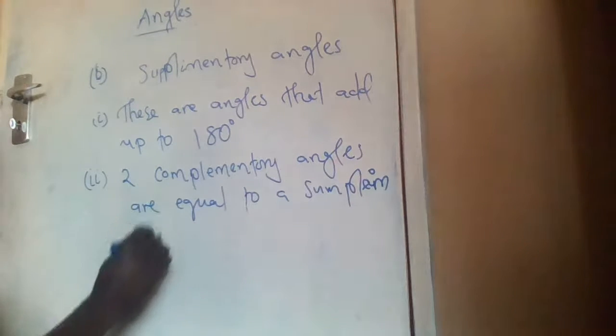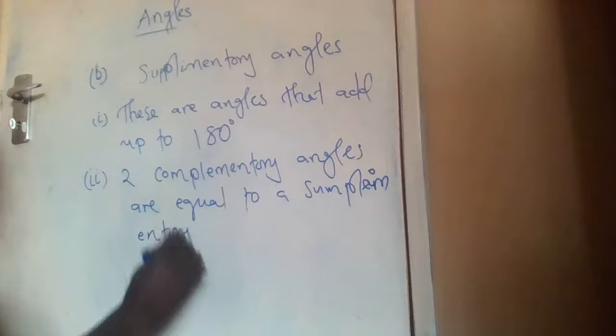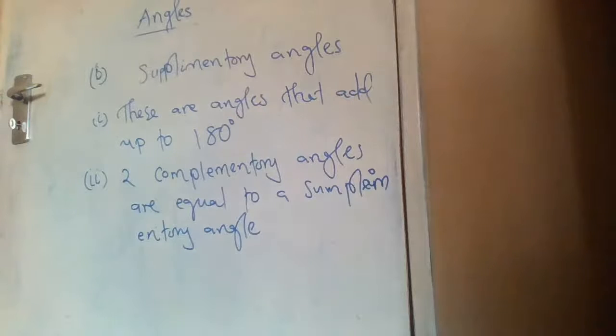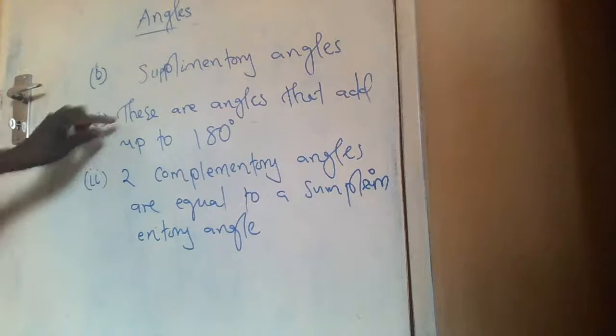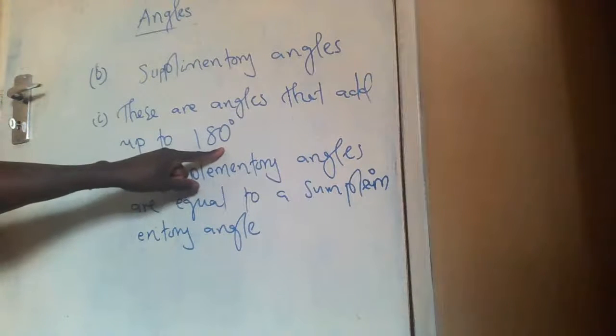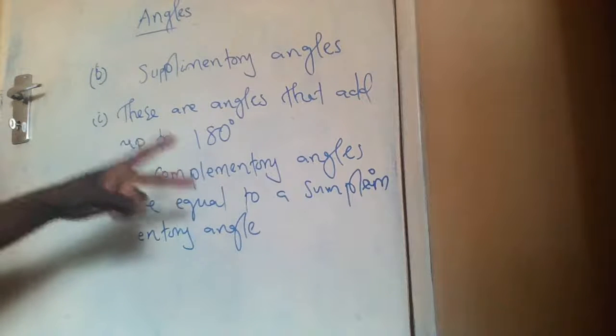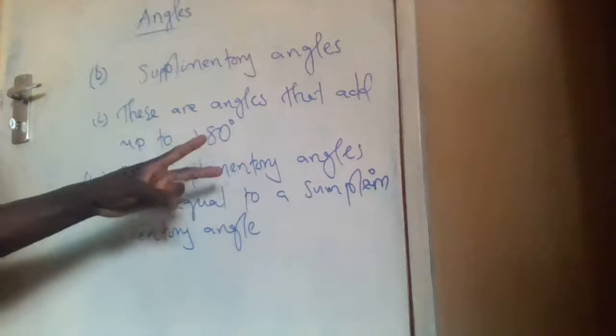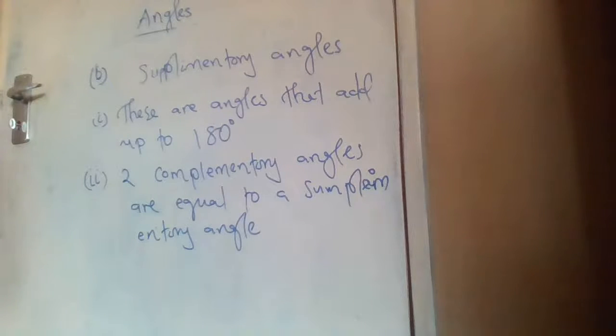These are points I'm trying to give to you. These are angles that add up to 180, but in 180, there are 2 90s. So we're saying 2 complementary angles, meaning 2 90s will give us 180.